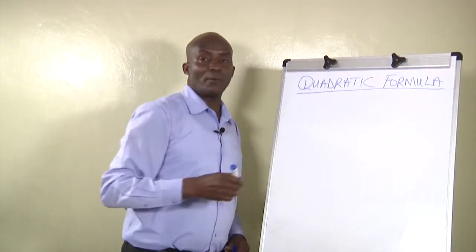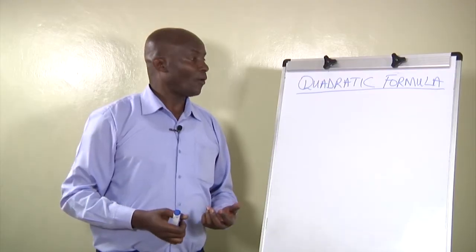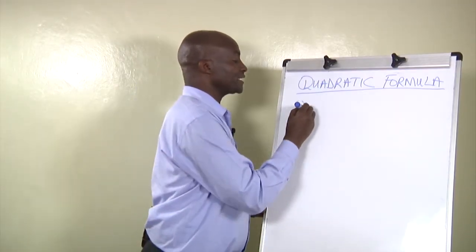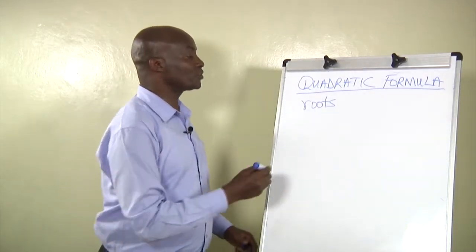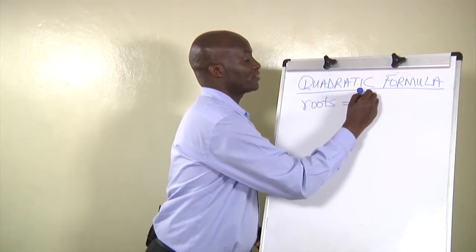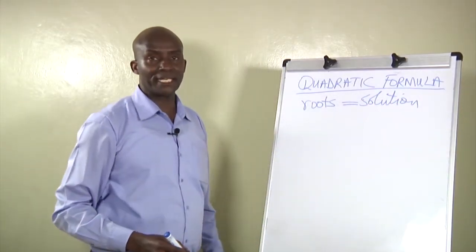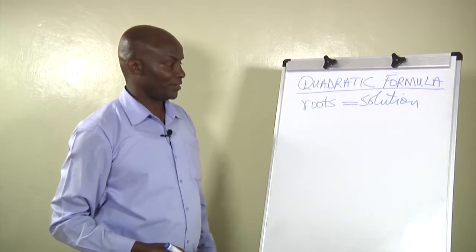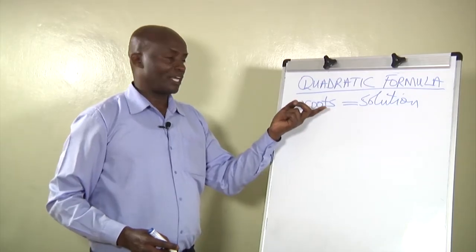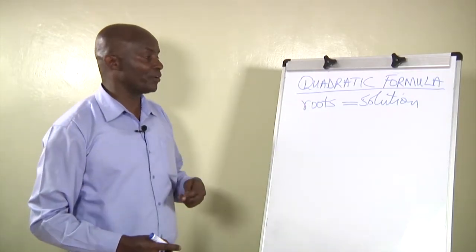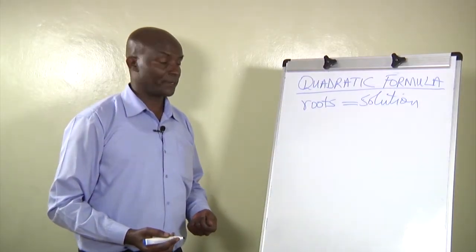Now, a quadratic formula is actually the shortest way of finding the roots of a quadratic equation. Now, what do I mean by roots? Roots means solutions of a quadratic equation. Now, why am I putting them in plural? It's because for a quadratic equation, you will normally have two solutions.